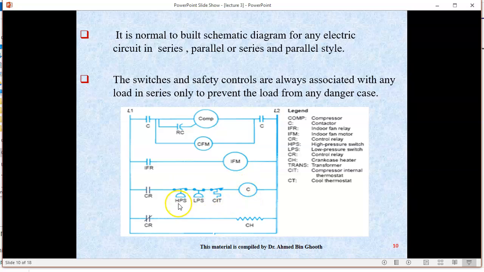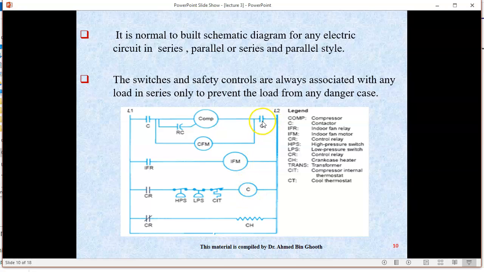So when the pressure is too high, the high pressure switch will open. When the pressure is low, the low pressure switch will open. When the temperature is above the setpoint, then this one will be open. So when any one of these sensors is open, this contactor will not energize, because when it is energized, it will send a signal towards this one, and this is energized.